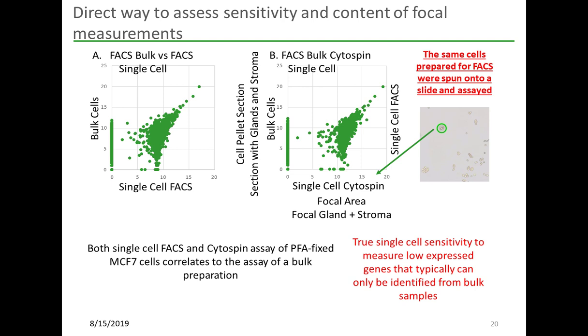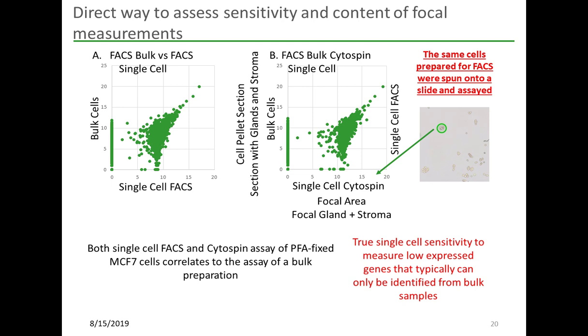So this just shows a question to ask when looking at a technology or an experiment to do, which is to ask, if I have a bulk cell sample and I compare that to a single cell from that bulk, how does that correlation look?